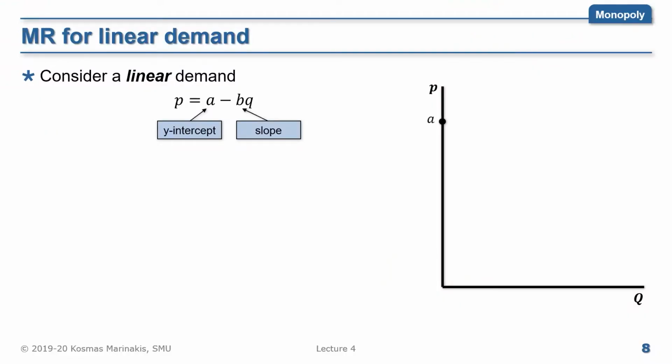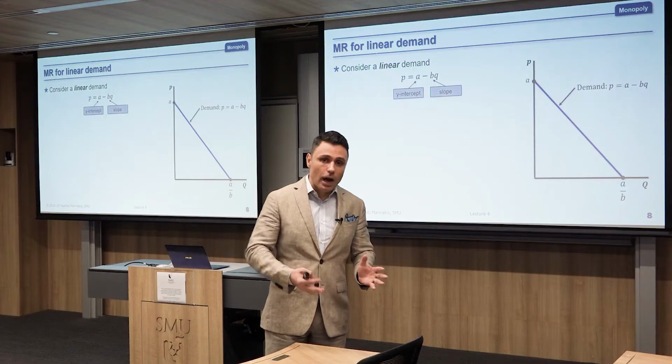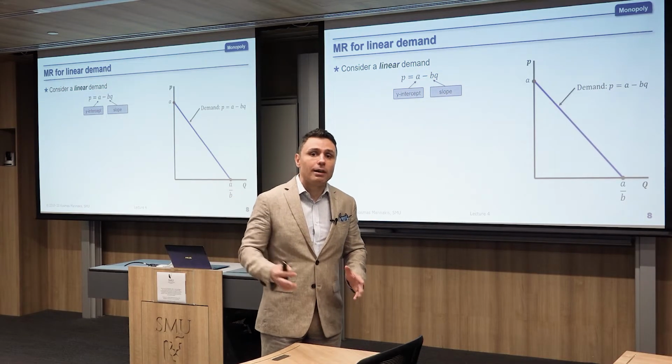The y-intercept is A. You will locate it on the vertical axis, because again, A will be a number, and then you will go down with B units per each unit of Q that you increase, and this means that you will have your demand graphed in this particular case. So you all know how to graph these equations. In case you forgot, again, check the tutorial video number 1 to refresh your memory.